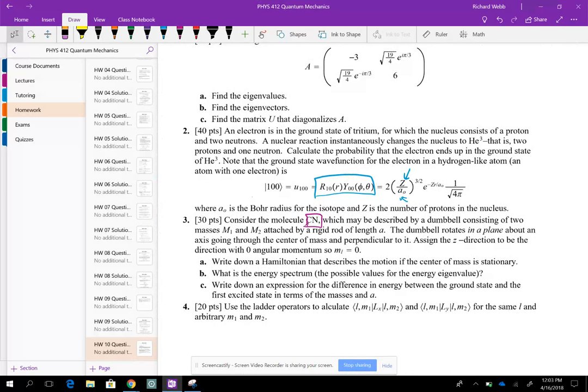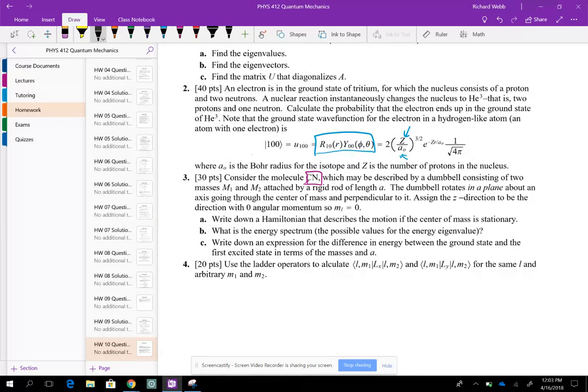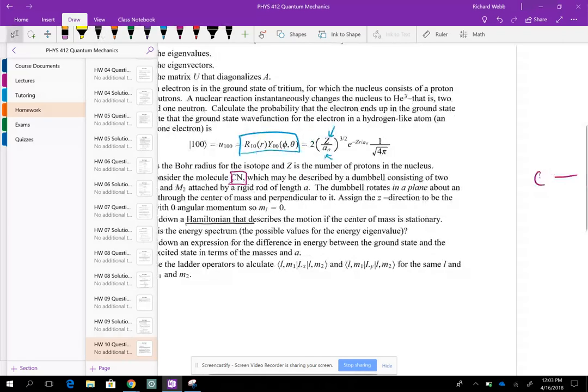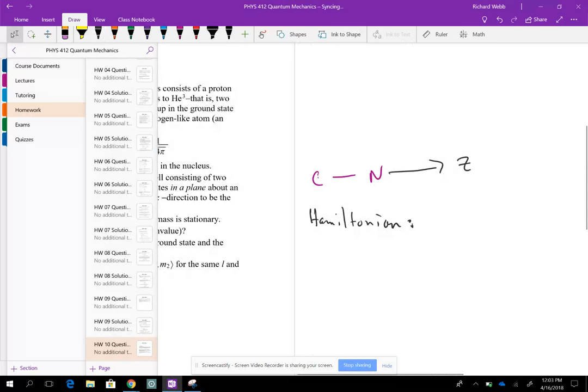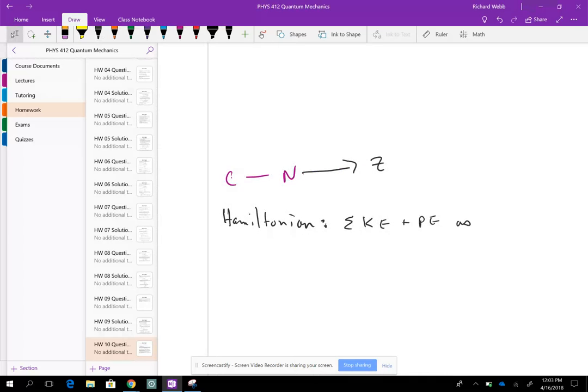And then it says to write down the Hamiltonian that describes the motion. Tell me about the Hamiltonian. What is the Hamiltonian? So it's the sum of the kinetic and potential energy as an operator. It's an operator that returns the value of energy. Okay, that's great.